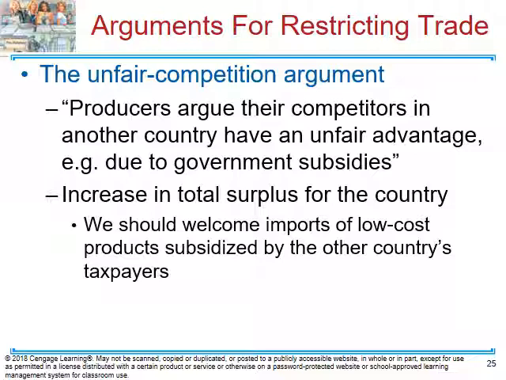So that's what it says, that we should welcome imports of low-cost products subsidized by the other countries' taxpayers. If other countries' taxpayers are paying for that industry to export goods, basically the benefit is received by the importing country.